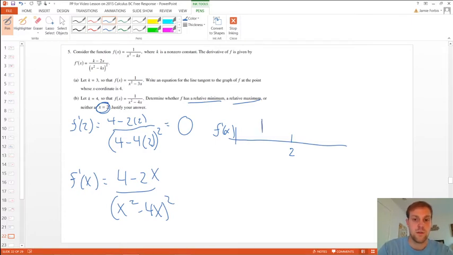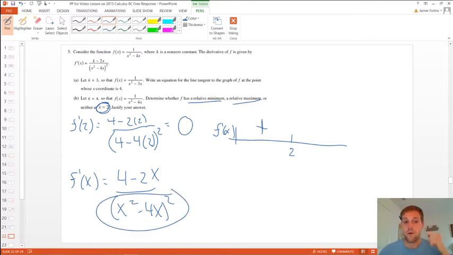then that's going to be a positive value right here. You can test out 1 and see. The number's always going to be positive on the denominator because it's squared. On top, if I plug 1 in, that's 4 minus 2, which is positive. If I plug like 3 into that, that's 4 minus 6, which is negative. Okay. So at this point, it's going from positive to negative.